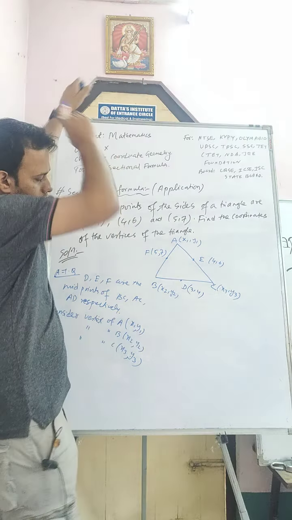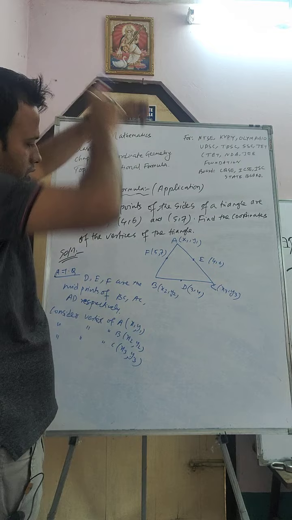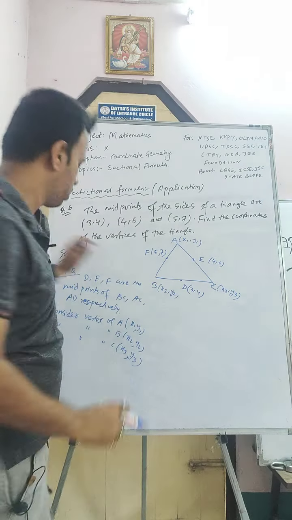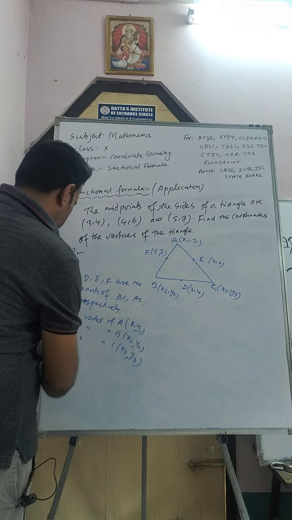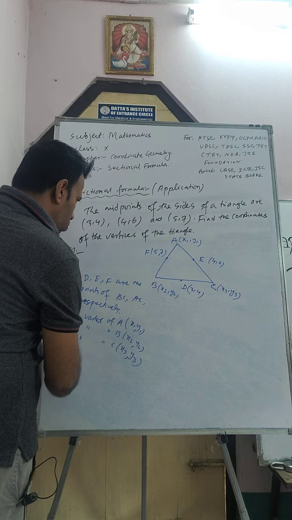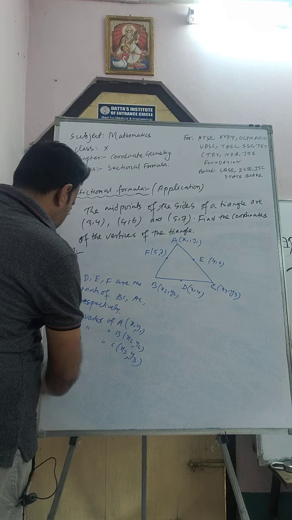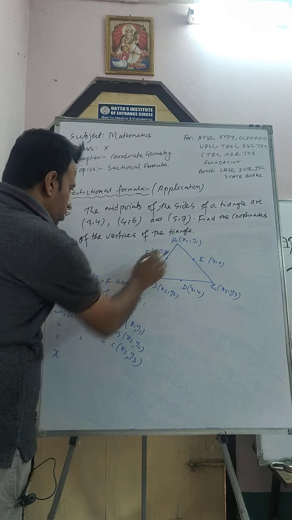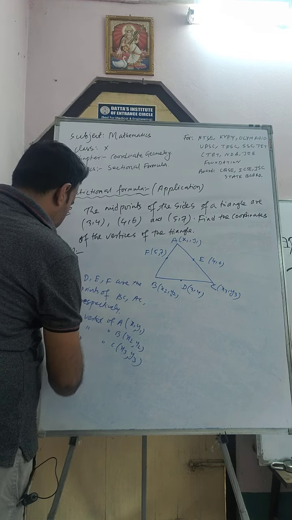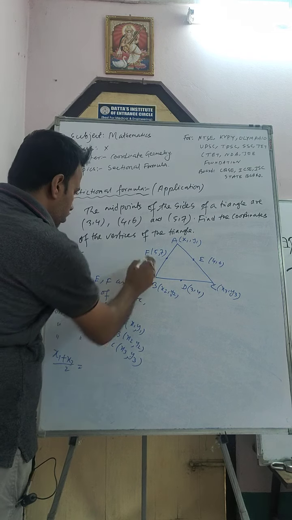Now see, D is the midpoint of BC, so we can say x1 plus x2 by 2 is equal to 5.